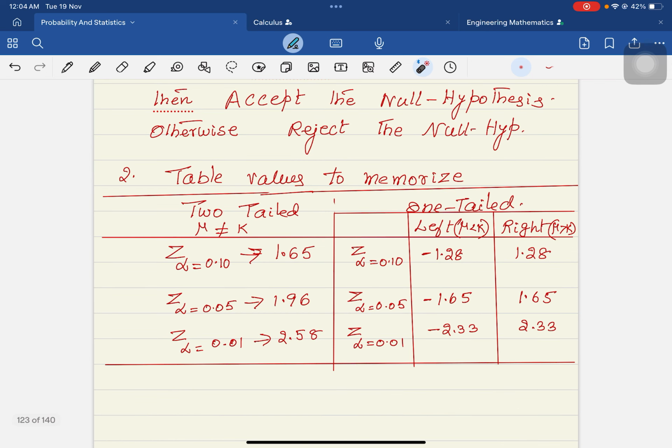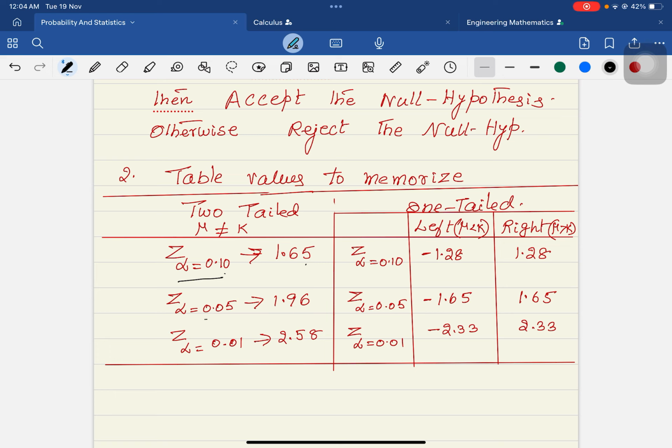If you remember these table values, it will take less time. At the time of examination you won't feel the time is running out. For the two-tailed test, at alpha equal to 0.1, that is 90% confidence level, z alpha is 1.65.